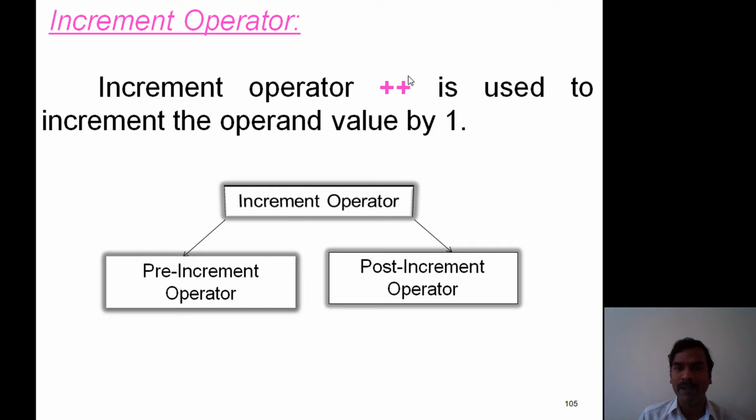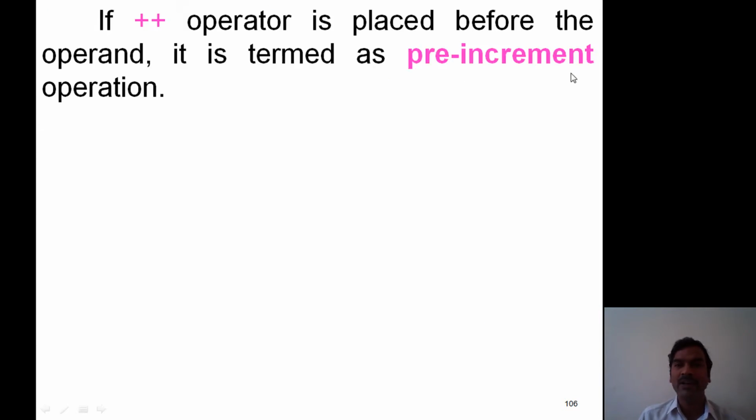Depending on the placement of the operator with the operand, it can be classified into two ways as pre-increment and post-increment. Now, the type of the operations are referred as pre-increment operation and post-increment operation. The first one, pre-increment operation.